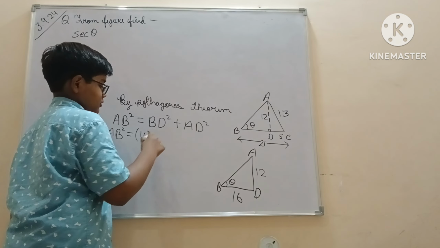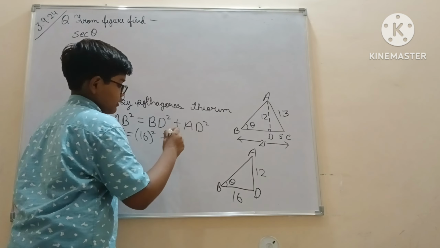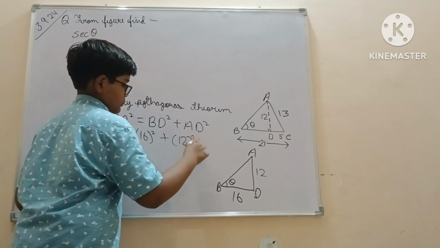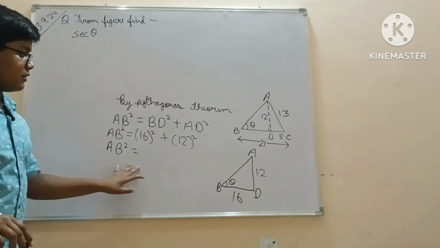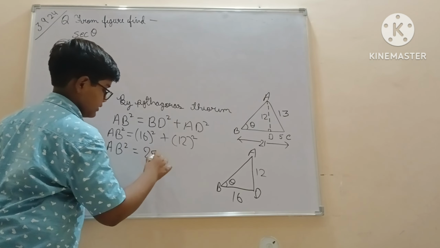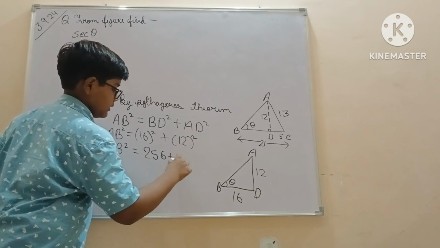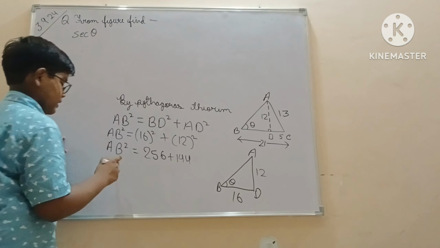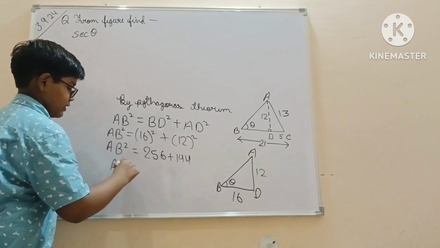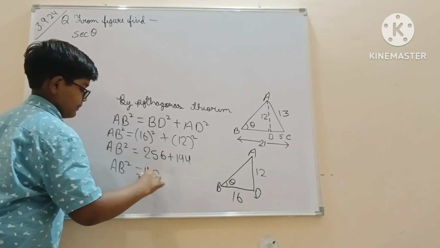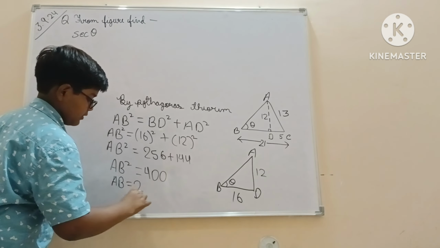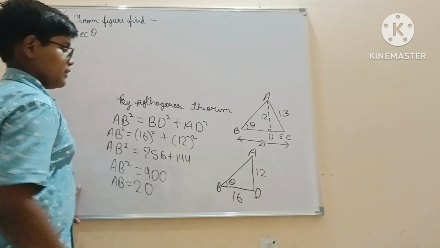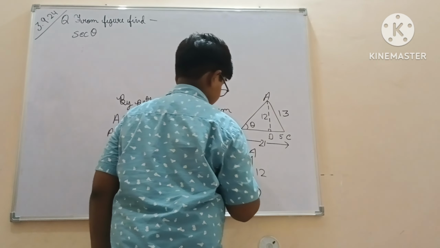BD square will be 16 whole squared plus AD square will be 12 whole squared. Now 16 square is 256 plus 12 square is 144, which will be added, and we will get the value of AB square as 400. Now 400 is the perfect square of 20. So we have got the value of AB as 20.